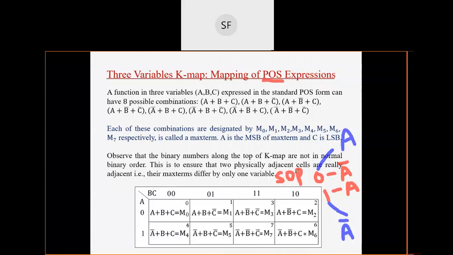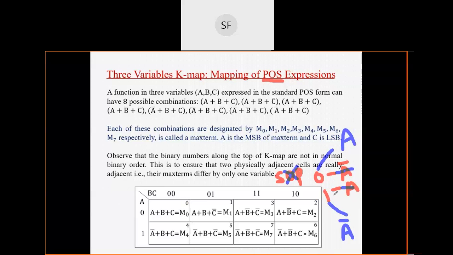Since we are discussing the POS form, we will not remember the SOP relation. Just to reduce your confusion, for today's session remember this relation: if 0 is there, then the corresponding variable will be uncomplemented, meaning it does not have a bar at the top of it.